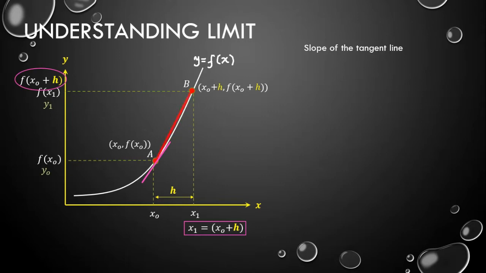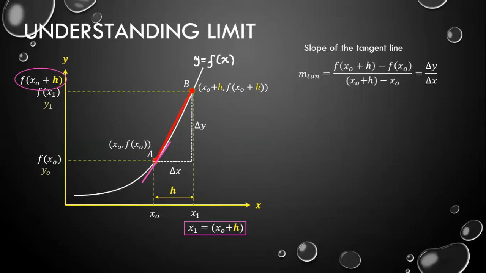Look at the red line; we call that the slope of the tangent line. Let's say this one is delta y, as a vertical line, and the horizontal line is delta x. Is it clear to you?